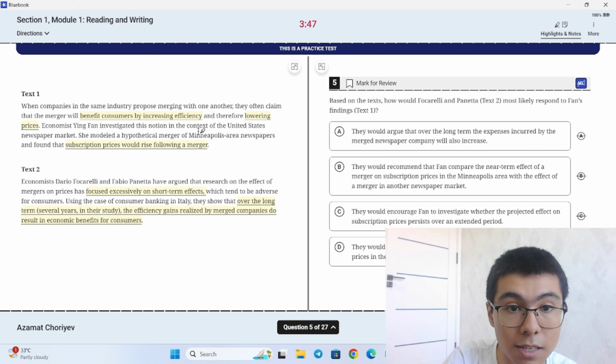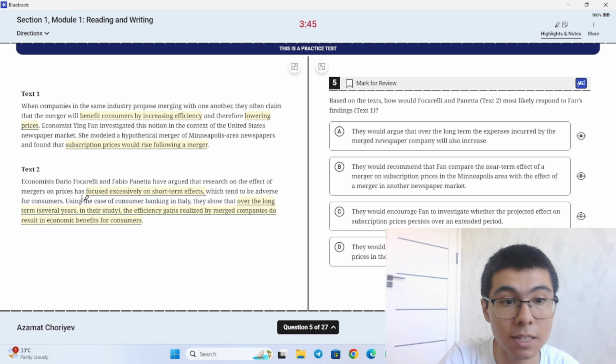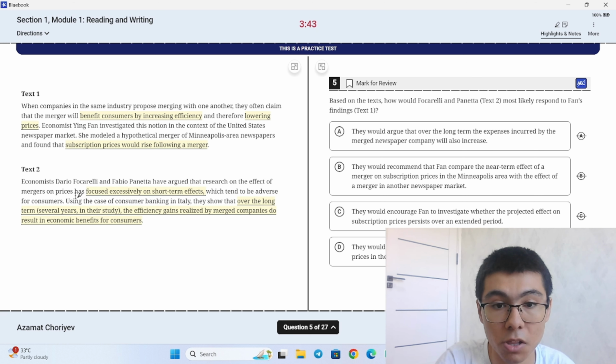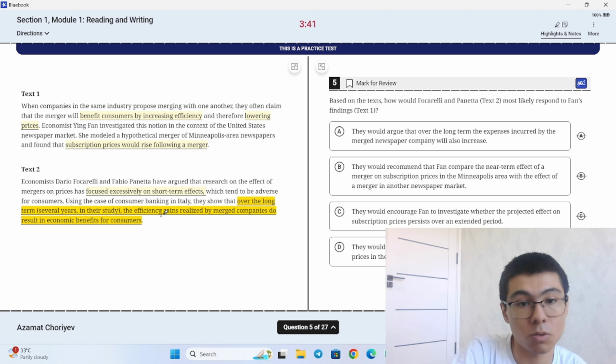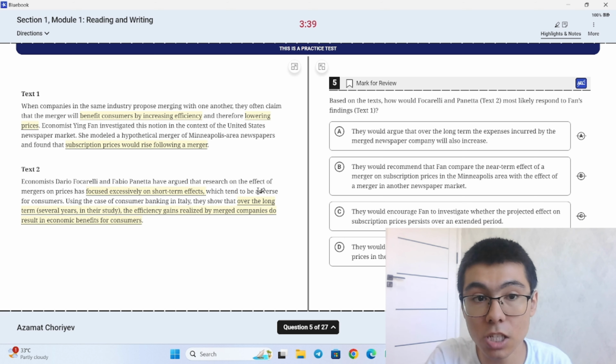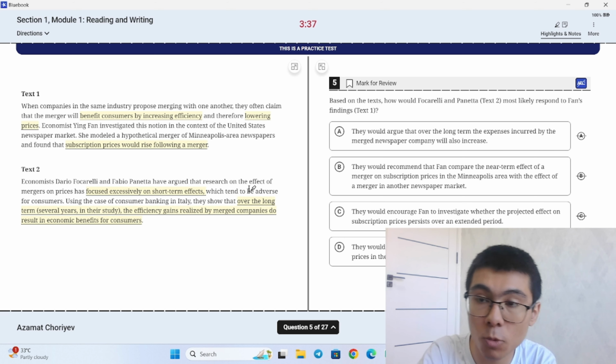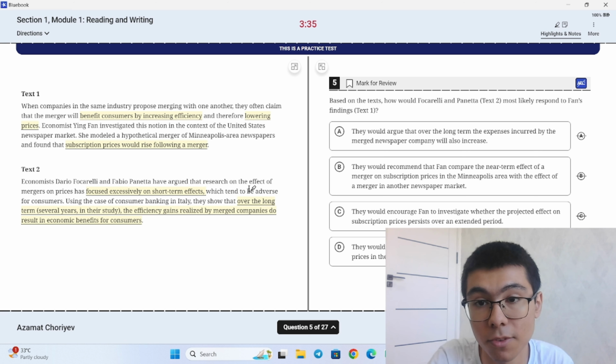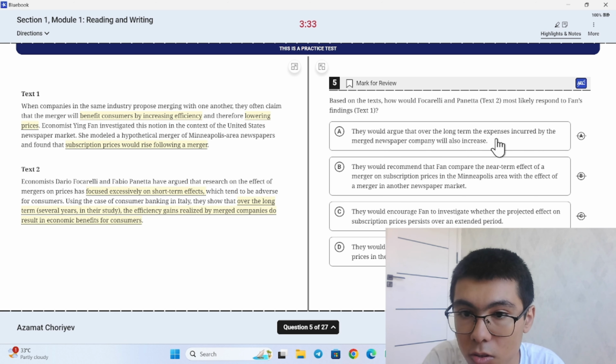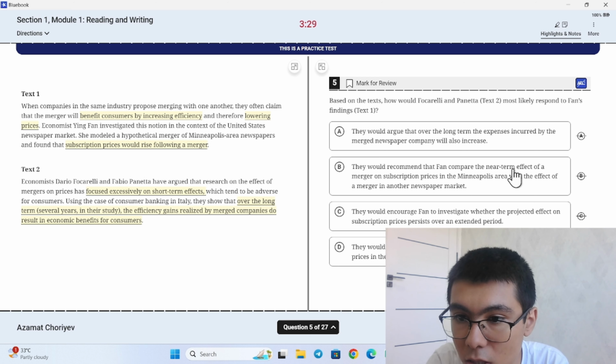So text one is stating the claim, and text two is saying that it's just for the short term. The long term is going to be better. So text two would say to focus on short-term or long-term effects. Maybe A, not sure. No, nothing about another newspaper market.